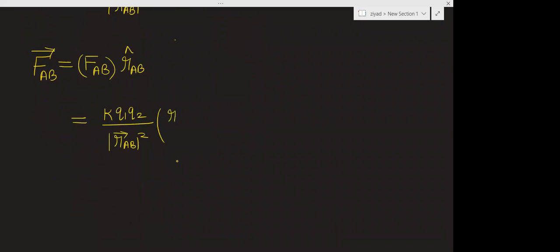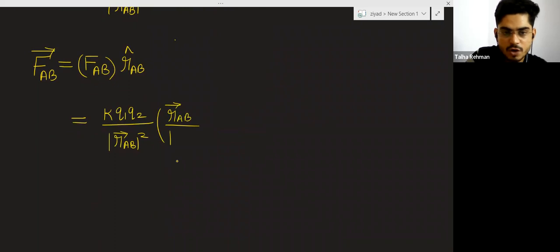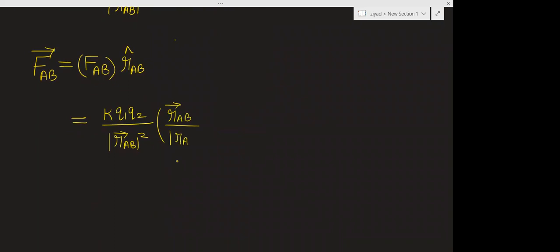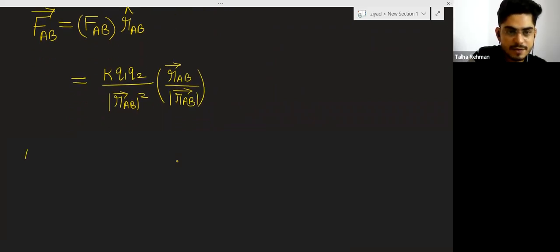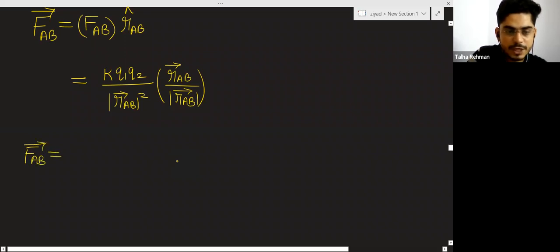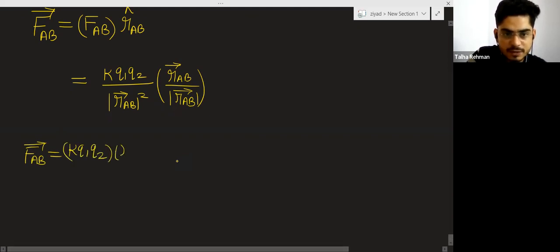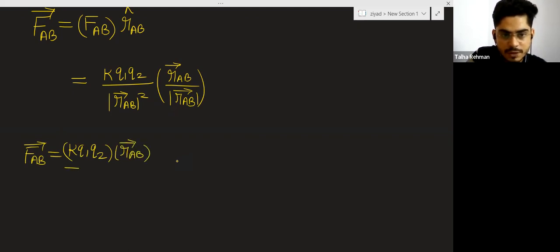Means r_AB, this is the vector, and the mod of r_AB. Now you can write F_AB as k Q1 Q2 and this r_AB vector divided by, this will become cube of this.